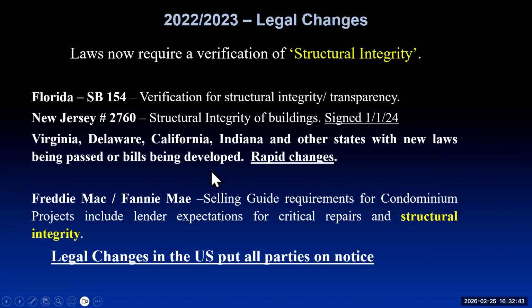Additionally, we have Freddie Mac and Fannie Mae. Their selling guide requirements for condominium projects include lender expectations for critical repairs and structural integrity. You can see it's there written in a whole load of documents.